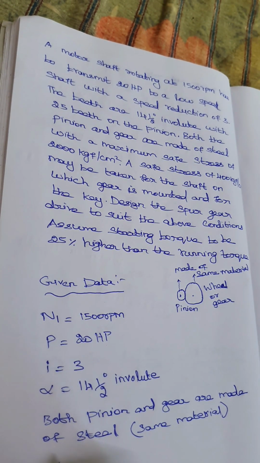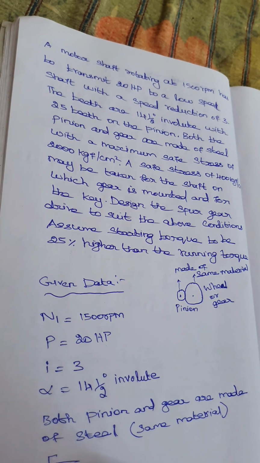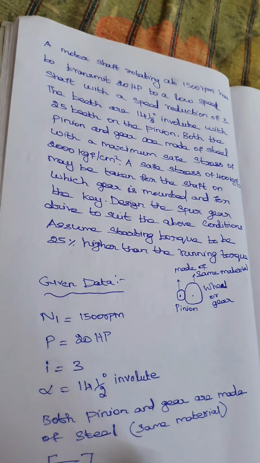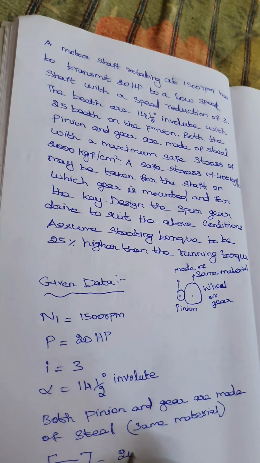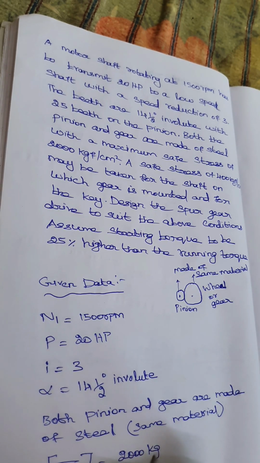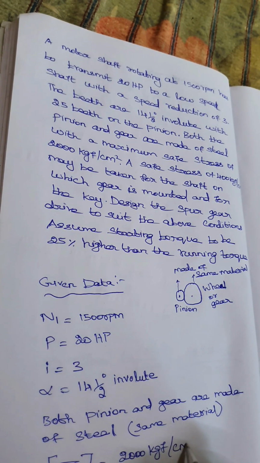So that means the safe stress, sigma b design value, is equal to 2000 kgf per centimeter square.